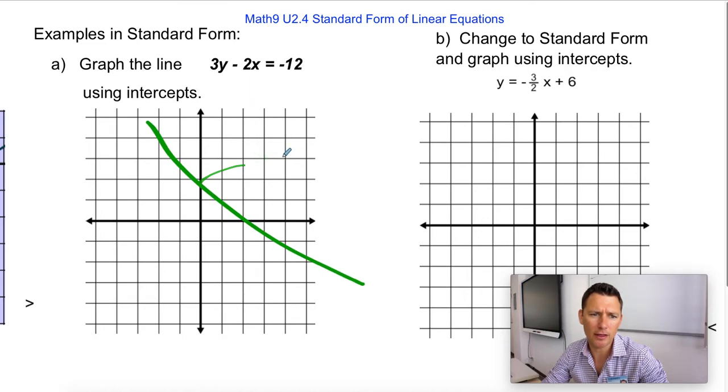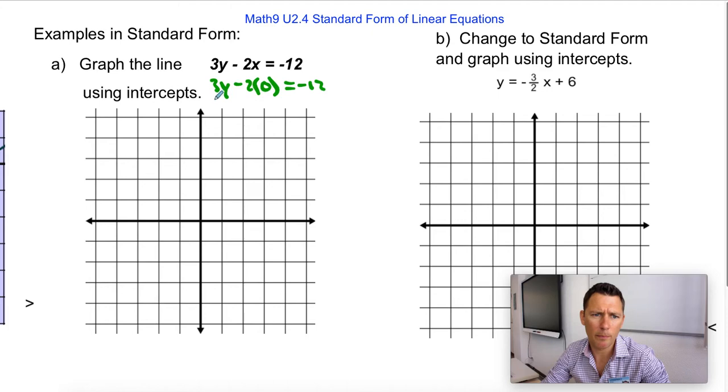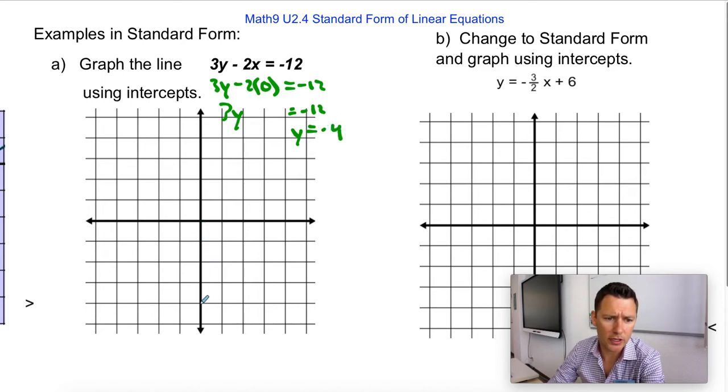So it's going to look like this. 3y minus 2 times 0 equals negative 12. Well, 2 times 0 is 0, so this becomes negative 12. So divide by 3, so y should be negative 4. Right? So 1, 2, 3, negative 4.